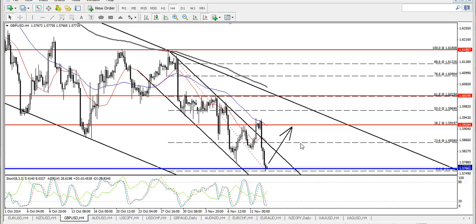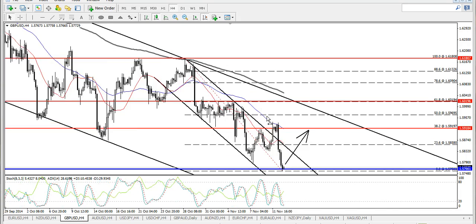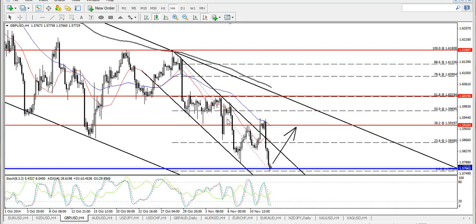The first level we are going to take a look at is the retracement level of 38.2%, price of 1.5919, and if not, we do hope that it can retrace further and touch the top of this major falling trend channel.